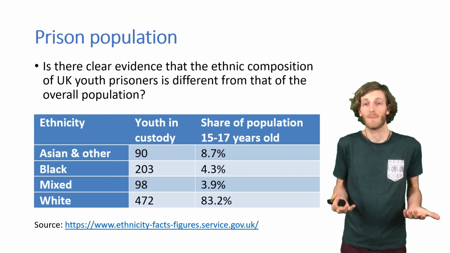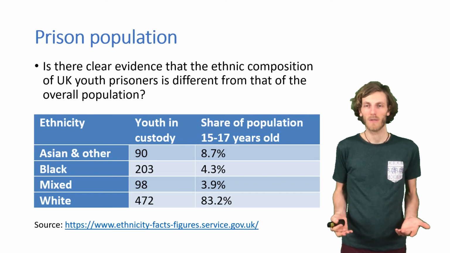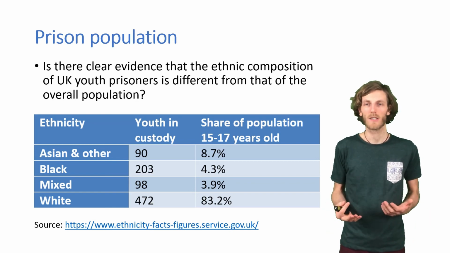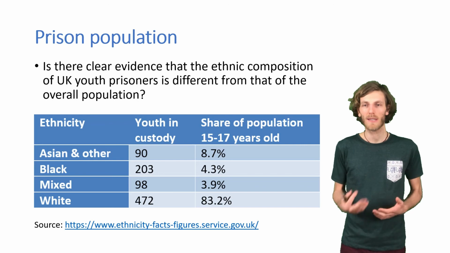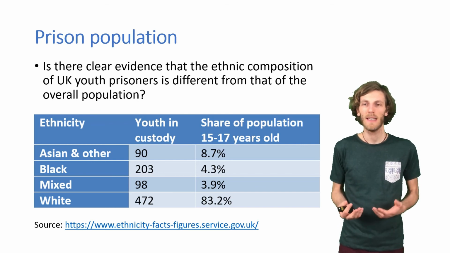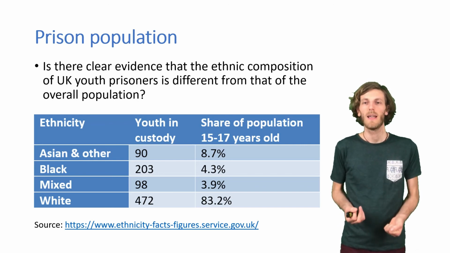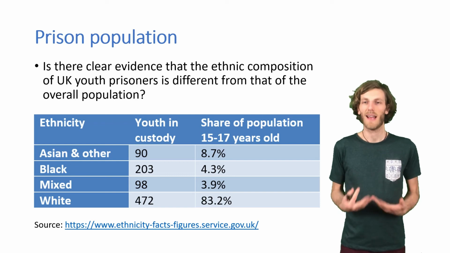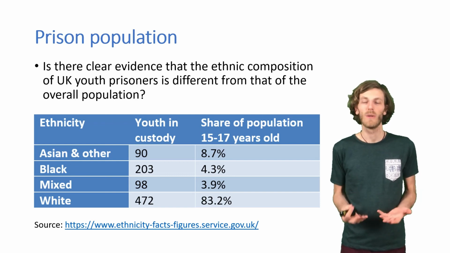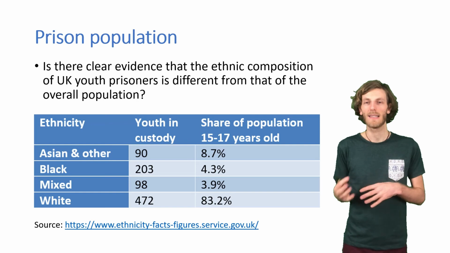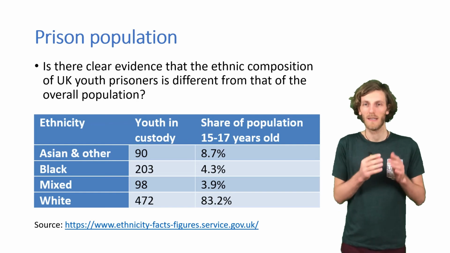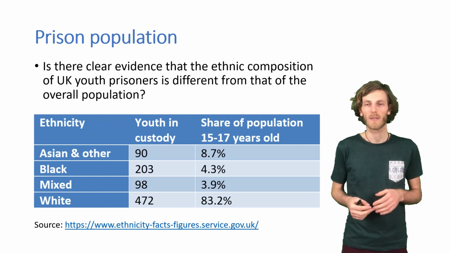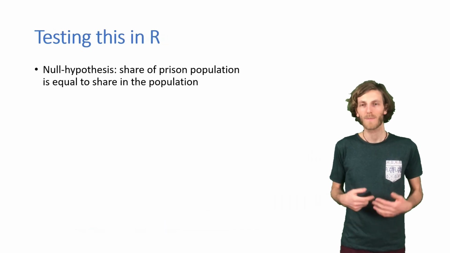We can say, well, the naively expected distribution would be that this is in line with population shares. Now we can use the chi-squared test to see whether the data we observe is unlikely to arise under the assumption that the shares correspond to population shares.